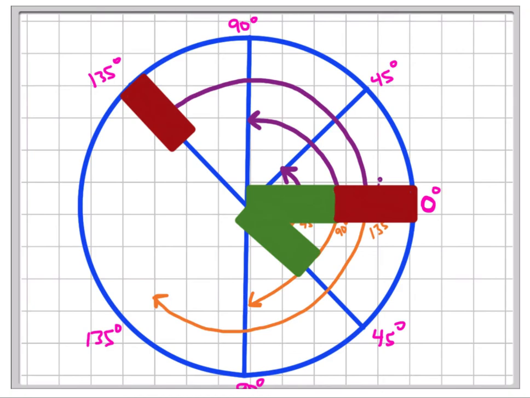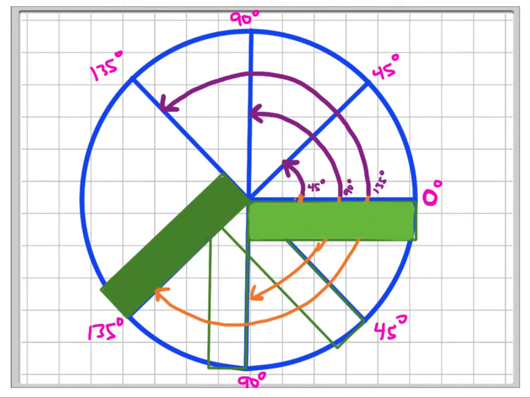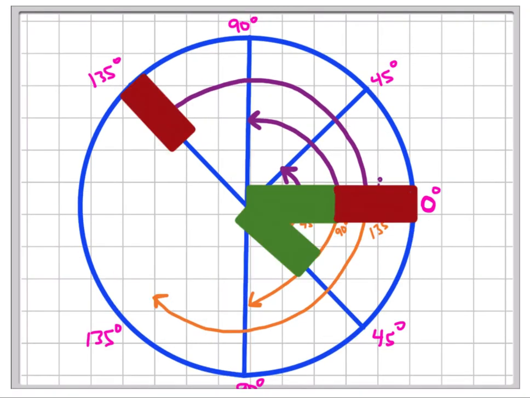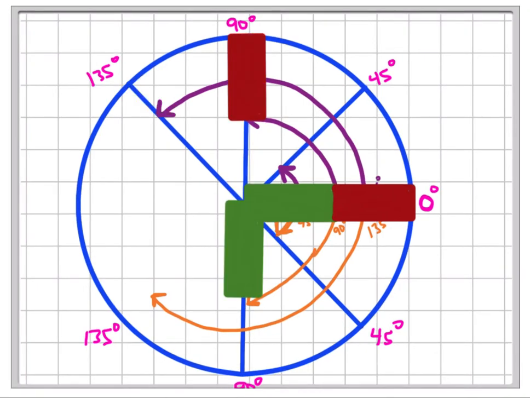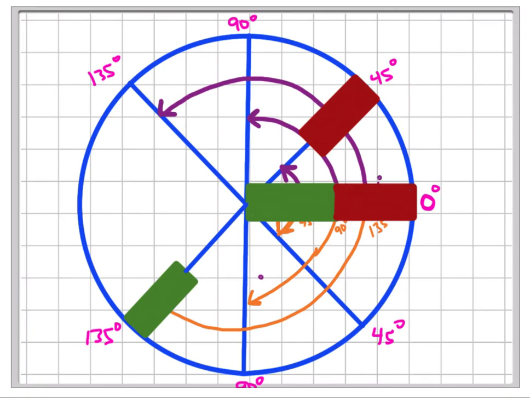Now notice how those angles are related. I'm going to put them together on the same line, and if I rotate, this is a 90-degree rotation, and this is a 45-degree rotation counterclockwise, and a 135-degree rotation clockwise.